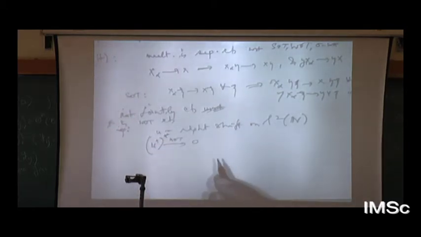So I'm saying that if you take u to the n star, then actually this converges SOT to 0.